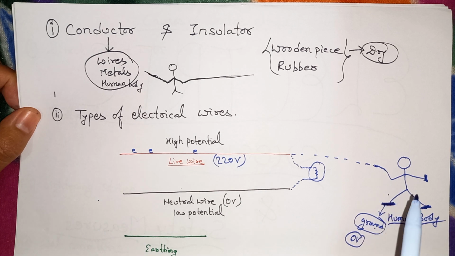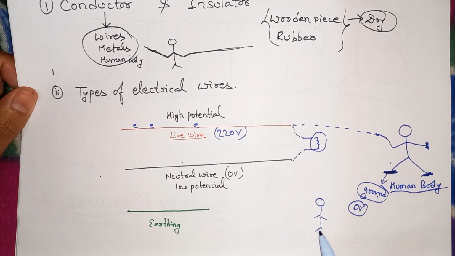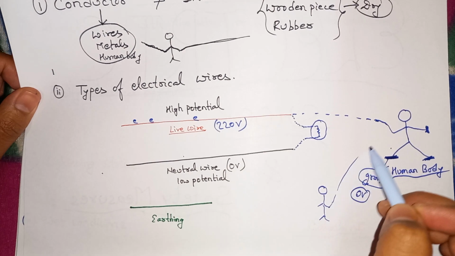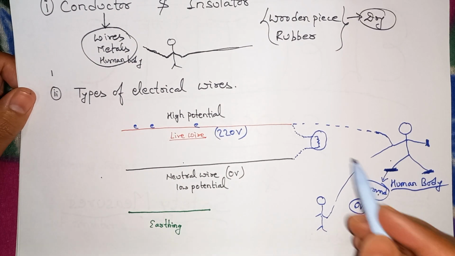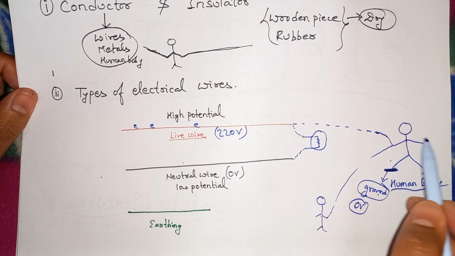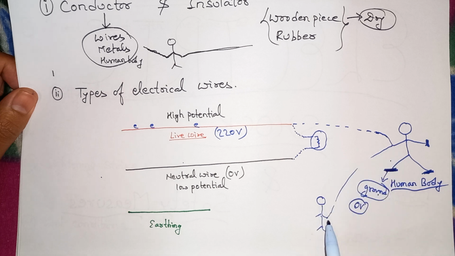But okay, there is a but. If his or her friend comes near to him, and if he or she touches him, then electrical current is coming from here to the human body, and although this person is not connected with the ground, it gets supplied to this person.